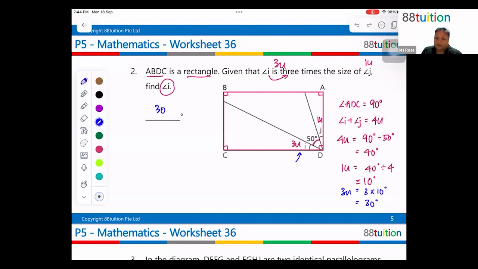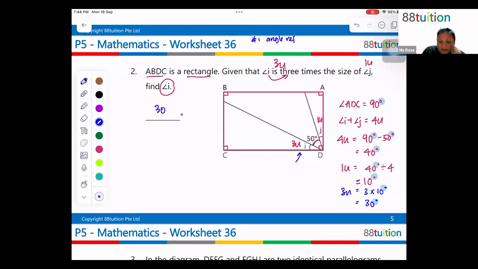Okay, now, please remember, when you're writing angles, it is important that you write down the degrees. There are 2 things that you must write down. Number 1, you must make sure you write down the angle reference.